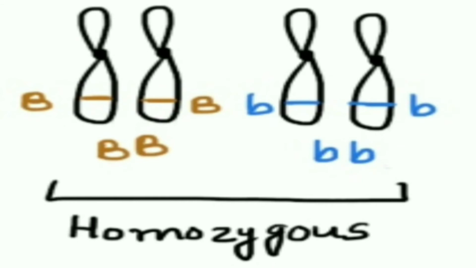So if both the alleles are in the dominant form, then it is homozygous dominant, whereas when both are in the recessive form, we call it homozygous recessive.